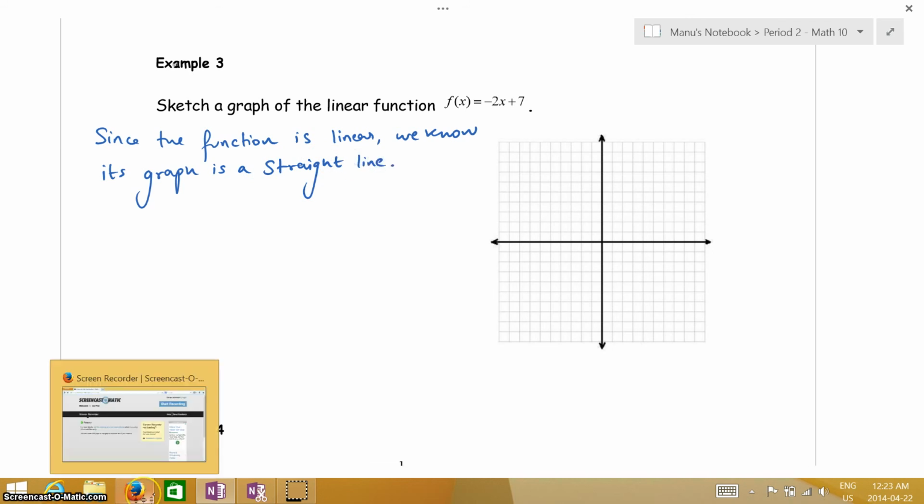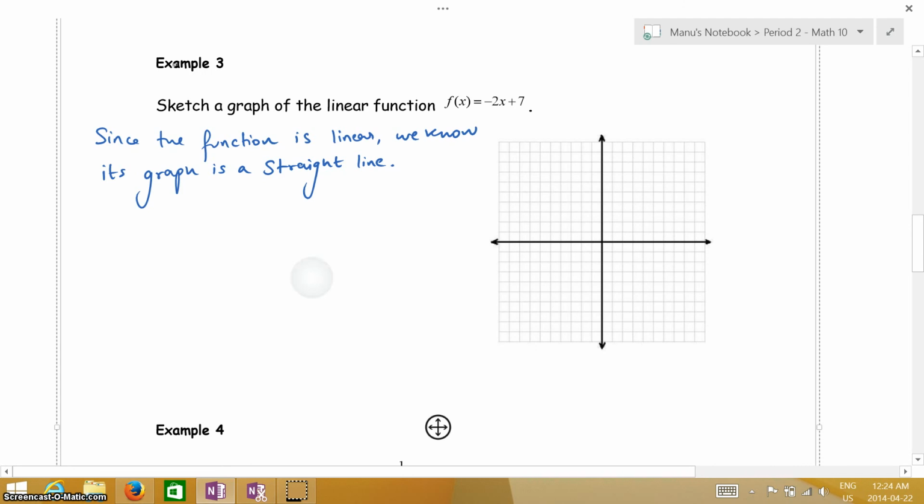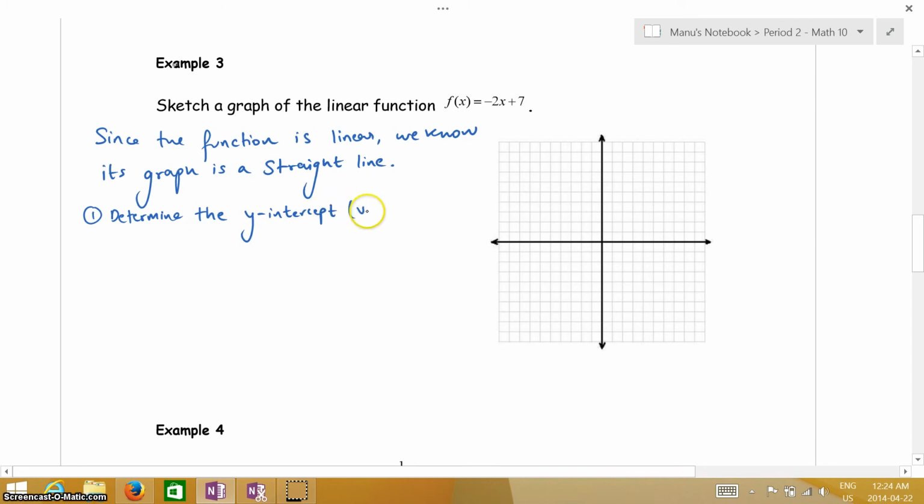Okay, so we're going to find out by first finding the horizontal intercept, the x-intercept. Actually, we'll first find the y-intercept. It's a little bit easier to do. So first things first, determine the y-intercept. That's just another name for vertical intercept.